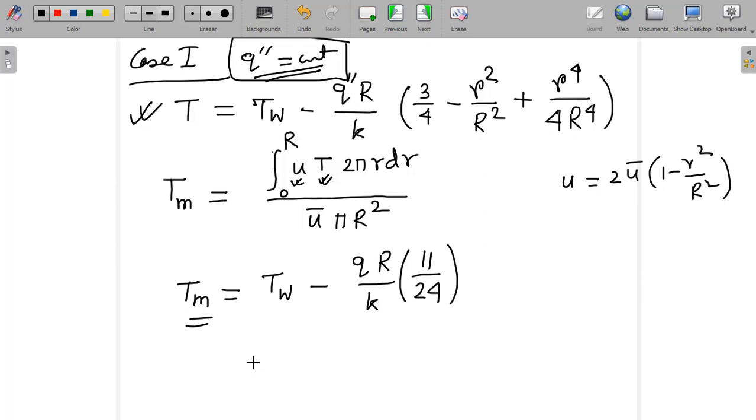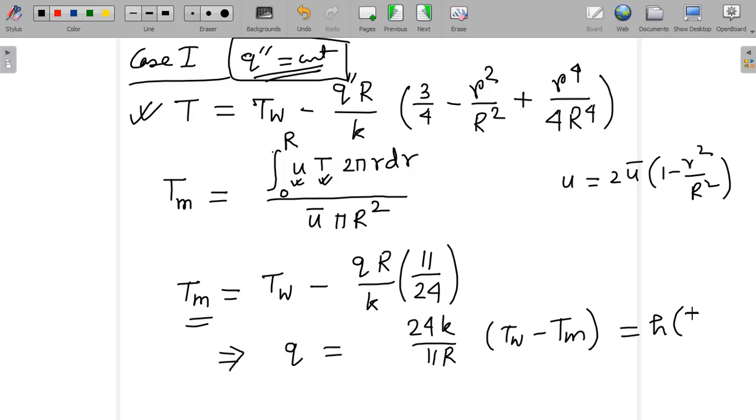After that, it is not very difficult to find the convective heat transfer coefficient or Nusselt number. Q will be 24K divided by 11R into T wall minus T mean. Q is nothing but h into T wall minus T mean, so h will be 24K by 11R.